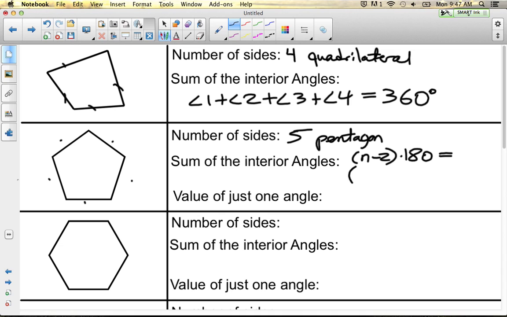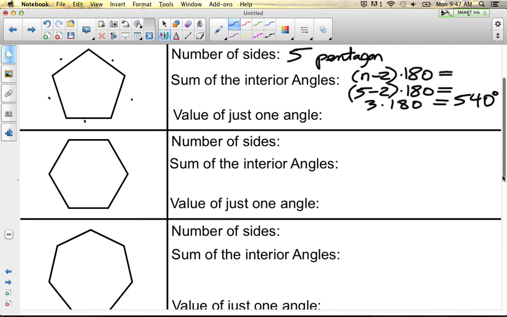So let's go ahead and figure that out. 5 minus 2 times 180, that is equal to 3 times 180, which hopefully you guys have, is 540 degrees.